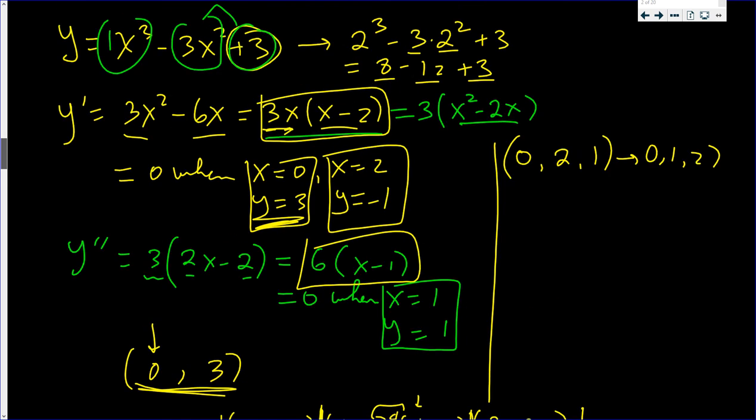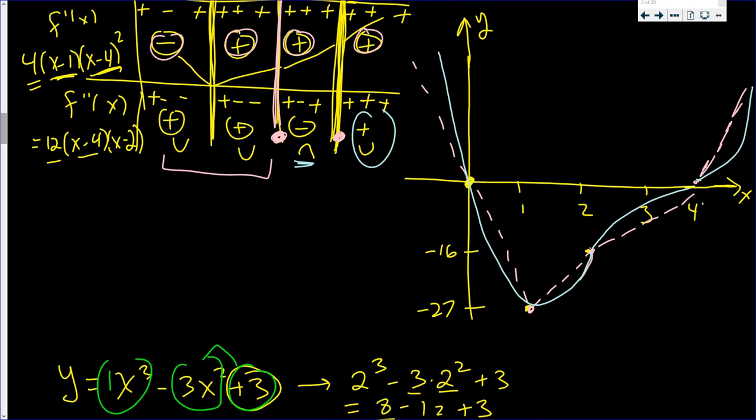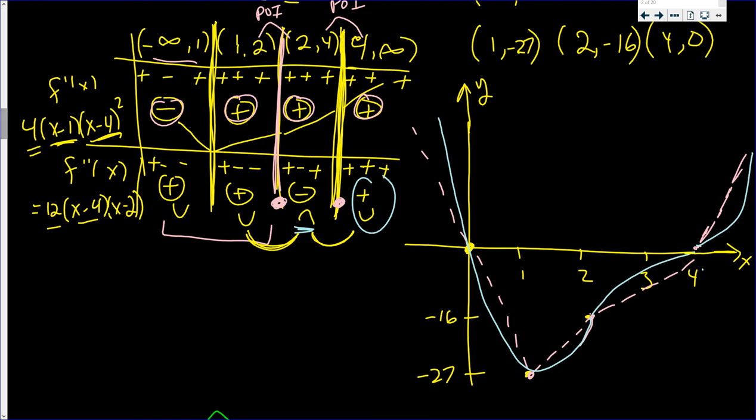Just want to point out something in the last graph. The concavity actually changed twice. It changed here, and then it changed here. I listed it. It changed at 2 and 4. And look, to the left of 2, the graph is concave up.